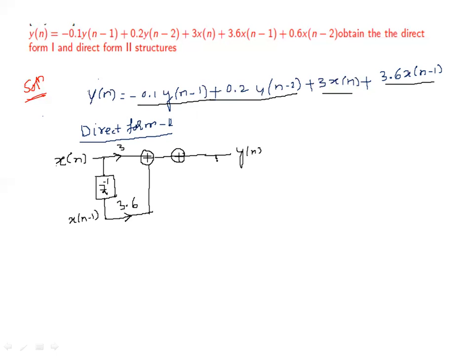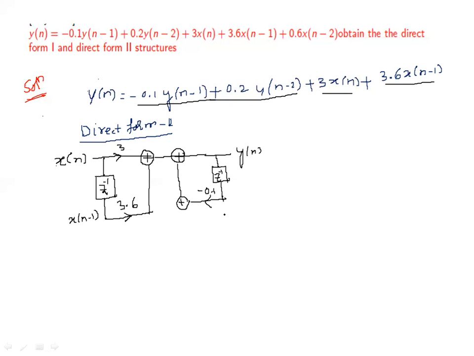Then I want y of n minus 1, so I pass this through a delay element, Z inverse, and then add it, as we have two functions. Here the multiplier is minus 0.1.